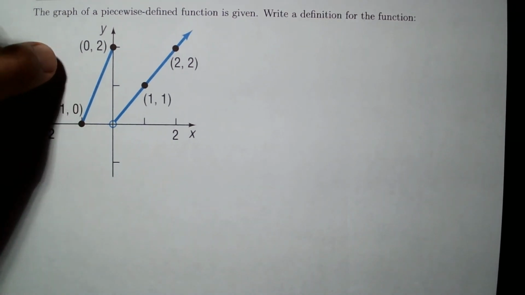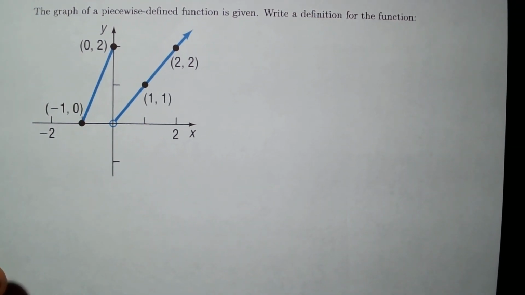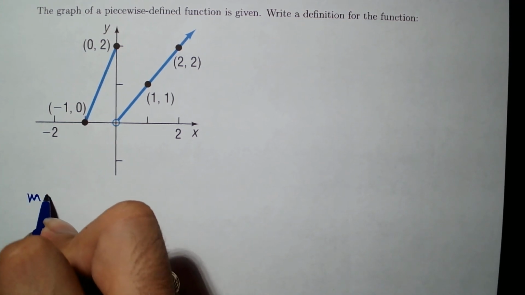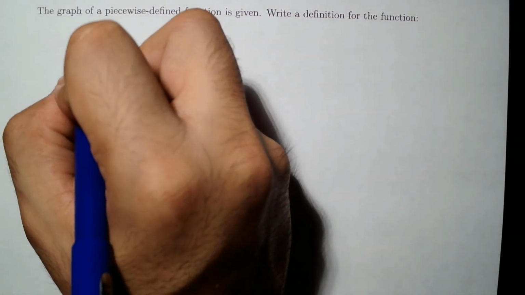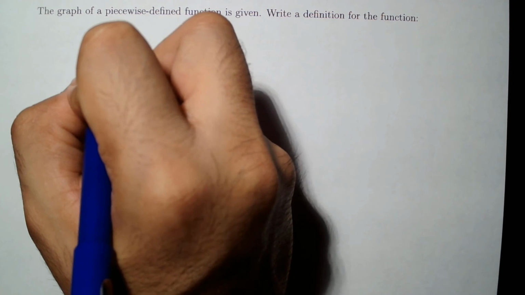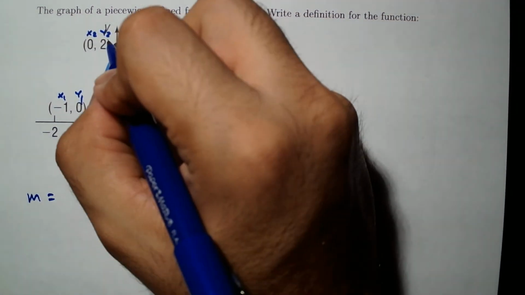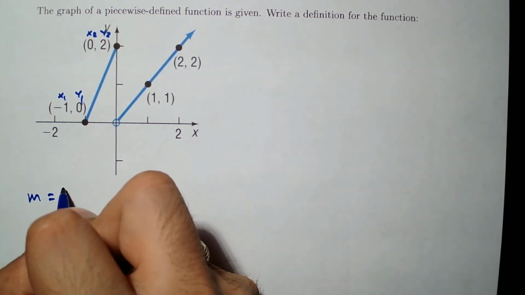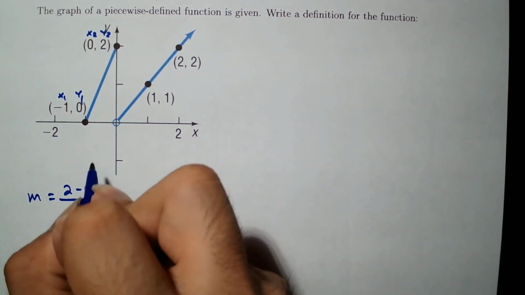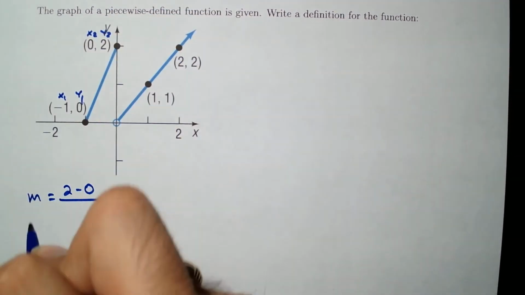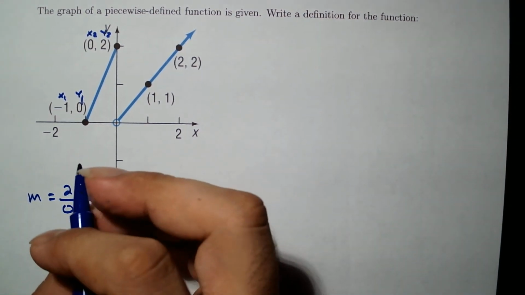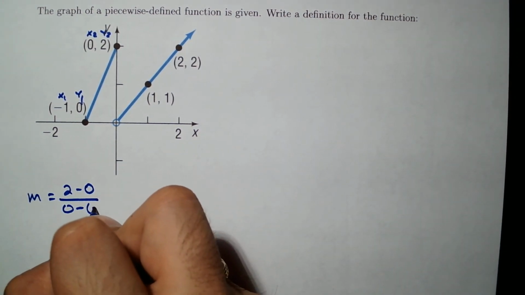Okay, so for the first one, the slope will be y2 minus y1, which is 2 minus 0, over x2 minus x1, 0 minus negative 1.